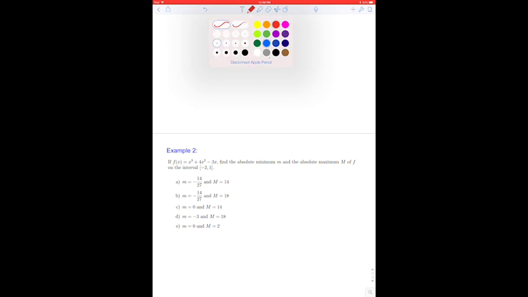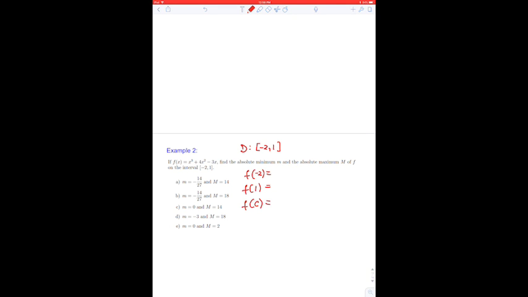Let's do the same thing. This is our domain. That means the domain is only the numbers from negative 2 to 1. We will find the value of the function at negative 2 and at 1. Those are the endpoints. And also at critical points. I don't know, maybe 1, maybe 2 of them.